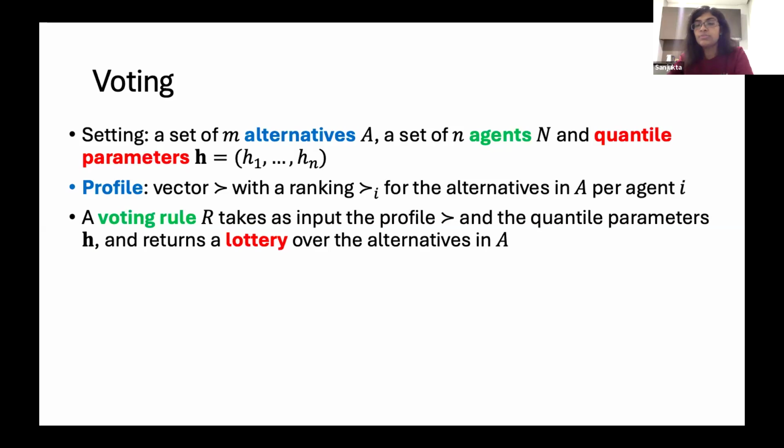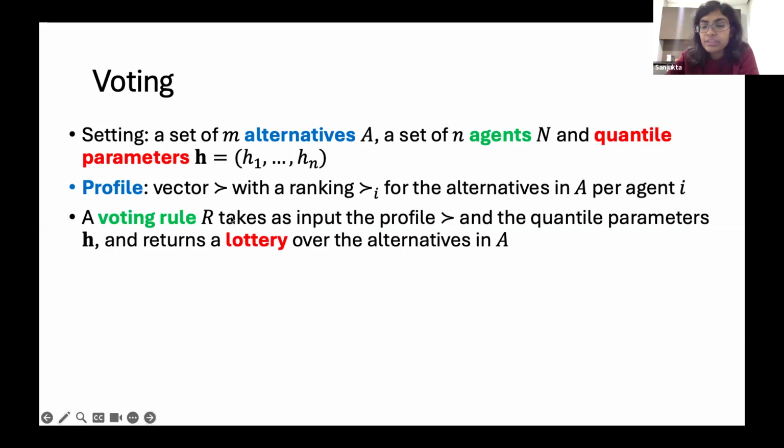Okay, so let us first go into the first domain that I mentioned of social choice, which is voting. In voting, we are familiar that we have M alternatives and N agents. Now each agent has a quantile parameter given by h1 to hn, and the agents have preference rankings.